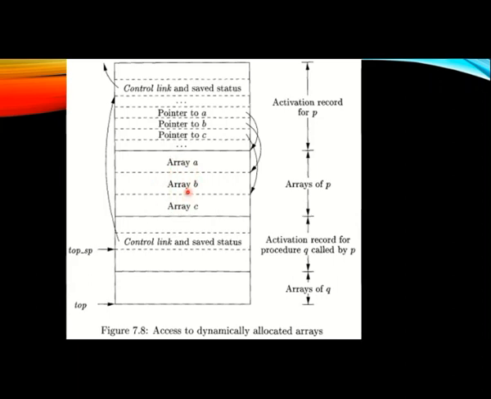In this manner, variable length variables can be allocated on the stack memory. So these are the details about how to allocate stack memory space.